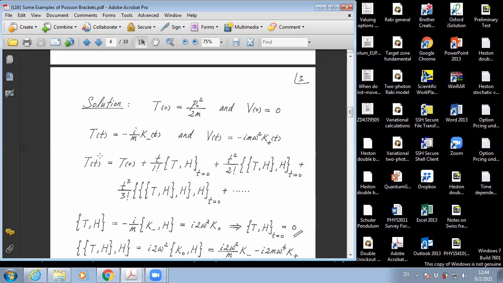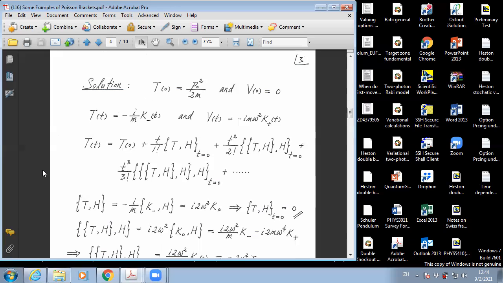So how about the kinetic energy at any time t? We can apply the Taylor expansion. This is the first derivative at t equals 0. This is the second derivative at t equals 0, right? So what we can do is just keep evaluating the Poisson brackets, higher order Poisson brackets, all right?